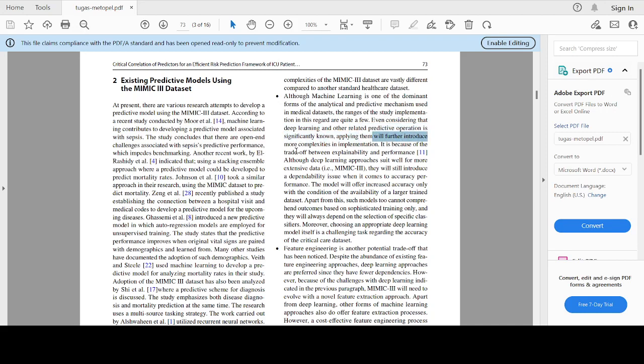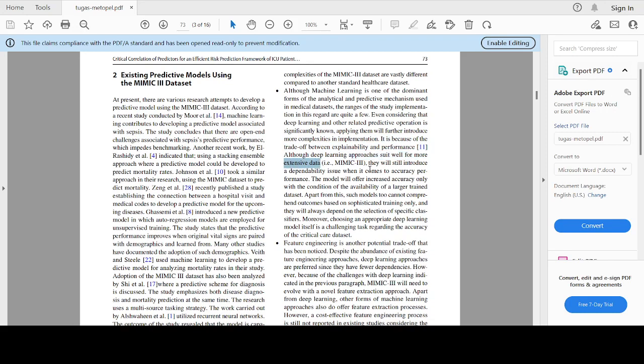Applying them will further introduce more complexities in implementation. It is because of the trade-off between explainability and performance. Although deep learning approaches suit well for more extensive data, they will still introduce a dependability issue when it comes to accuracy performance; the model will offer increased accuracy only with the condition of the availability of a larger trained dataset.